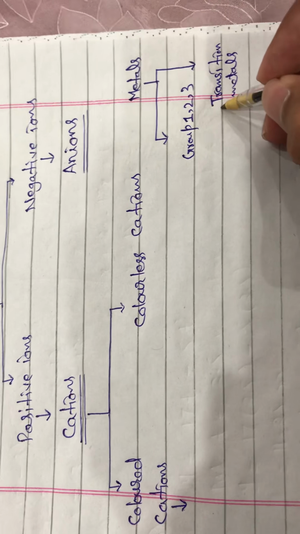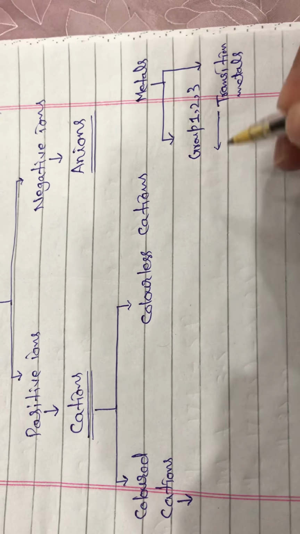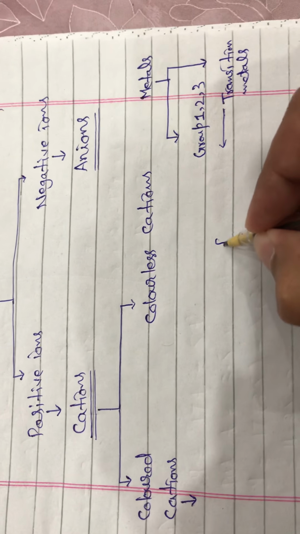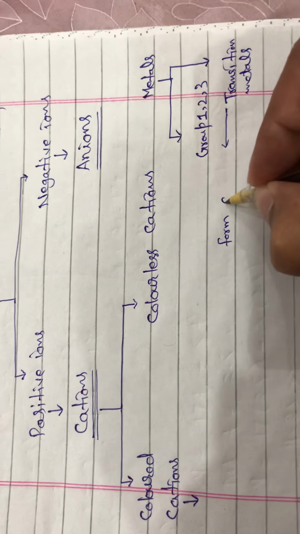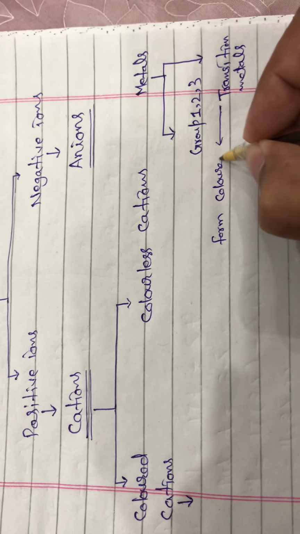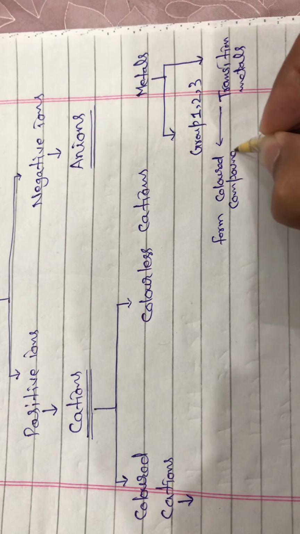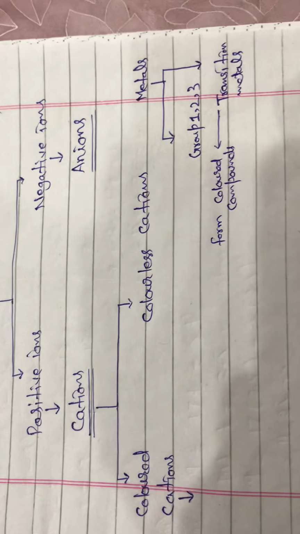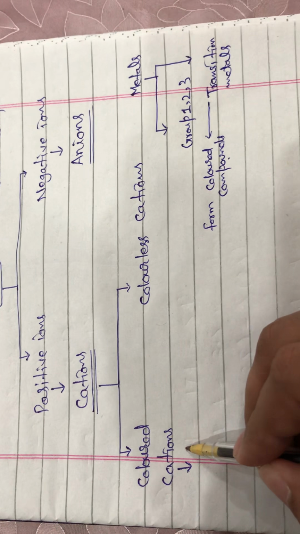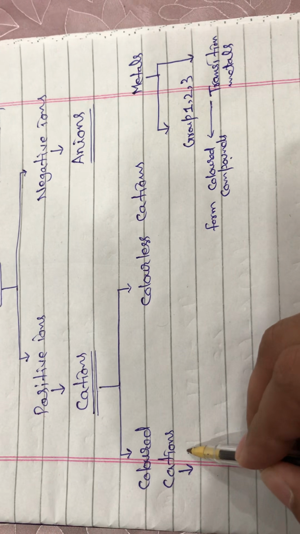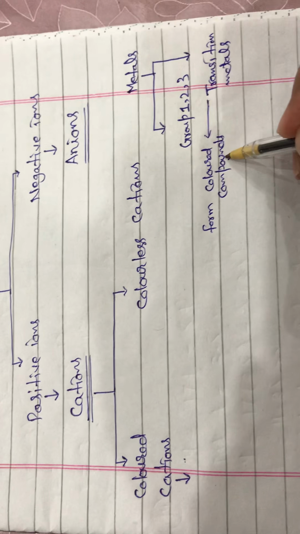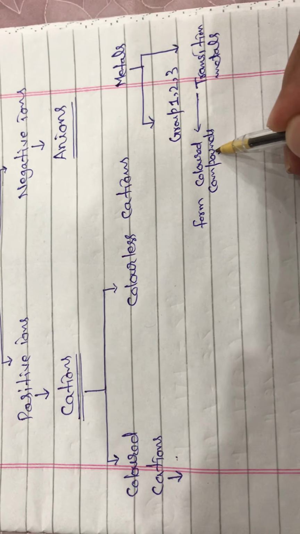If you can memorize the properties of transition metals, so one of the properties was to form colored compounds. So from this property we can say that all the colored cations, means all the positive ions that form colors, will belong to the transition metals.